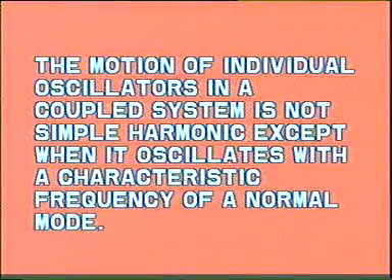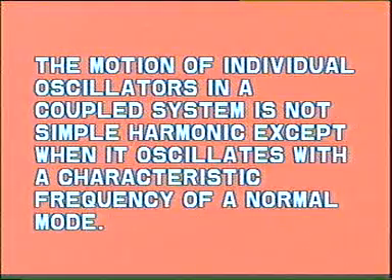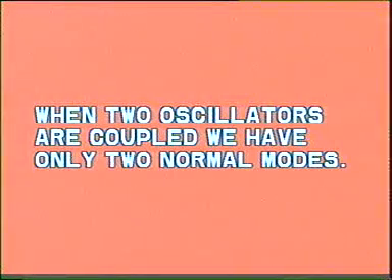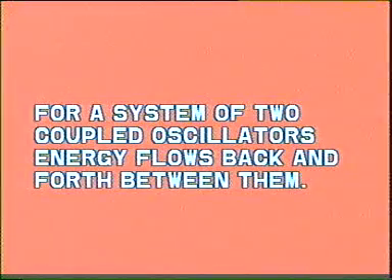Let us summarize what you have learned in this program. The motion of individual oscillators in a coupled system is not simple harmonic except when it oscillates with a characteristic frequency of a normal mode. When two oscillators are coupled, we have only two normal modes. For a system of two coupled oscillators, energy flows back and forth between them.